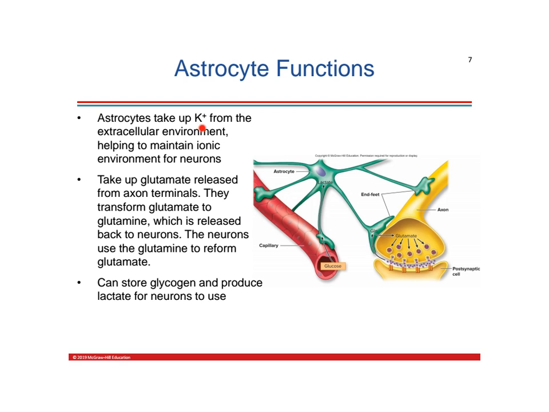Another well-known function of astrocytes is that they help to keep the environment stable for neurons. And one of the main functions they do is to take up potassium. Remember, we talked about how potassium is extremely important for excitable cells such as muscles and neurons.